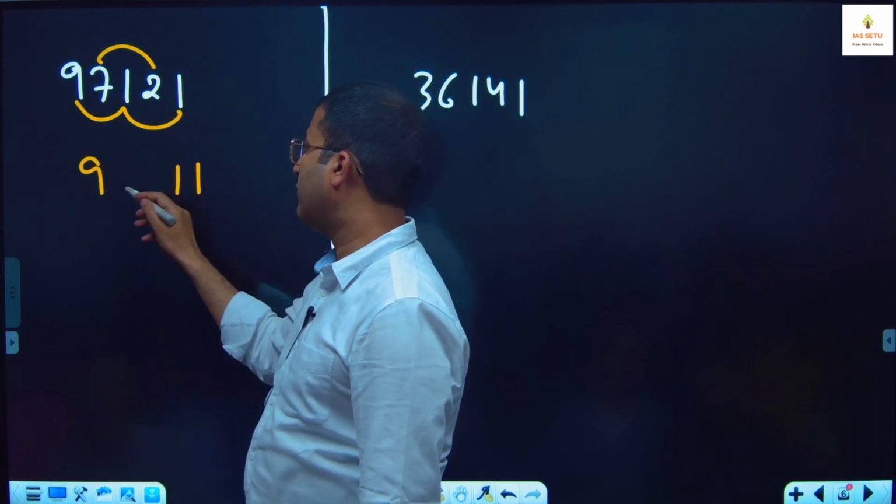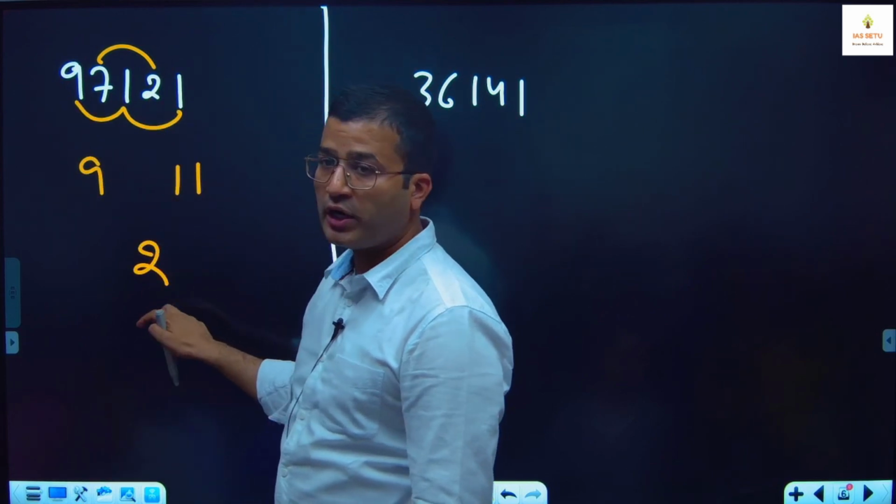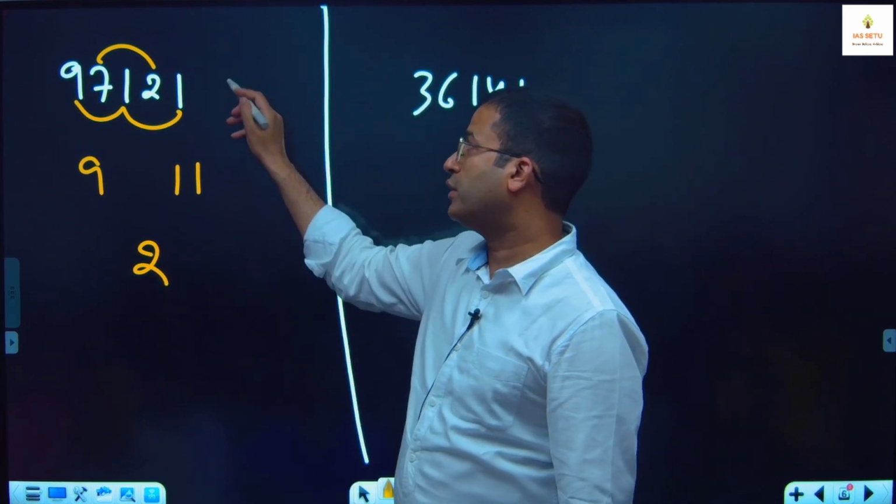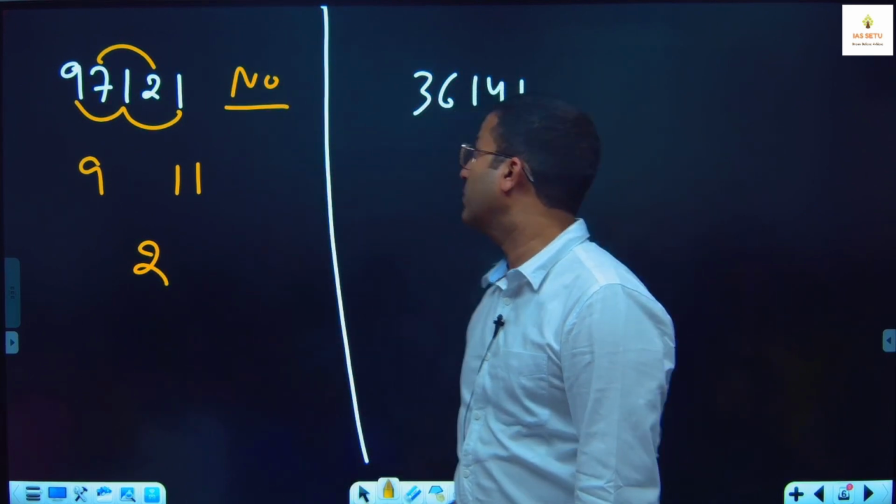This is 11, difference is 2. So we are looking for difference 0, 11, multiple of 11. So here no, this number is not divisible by 11.